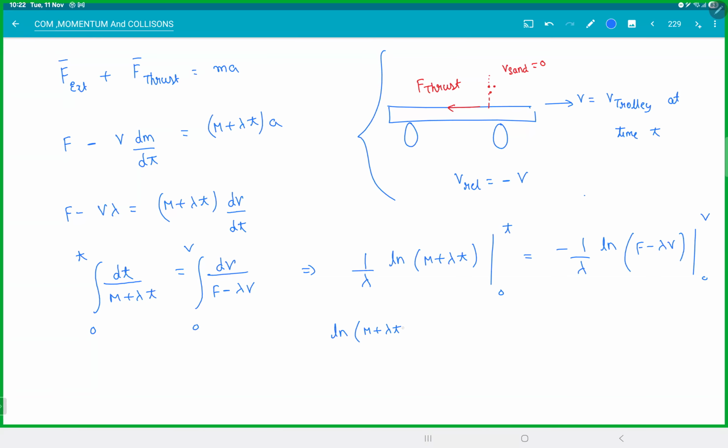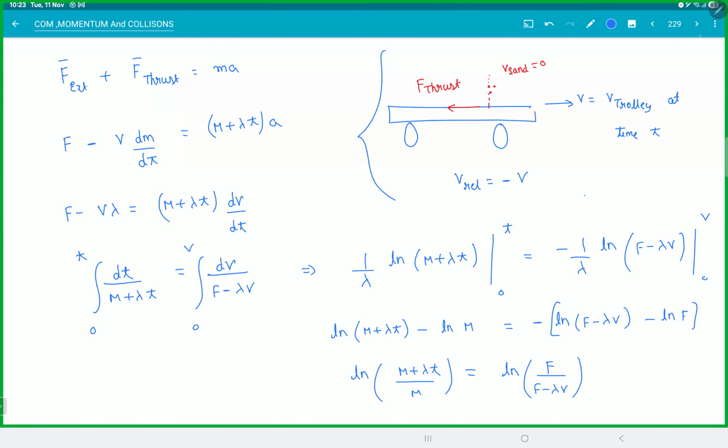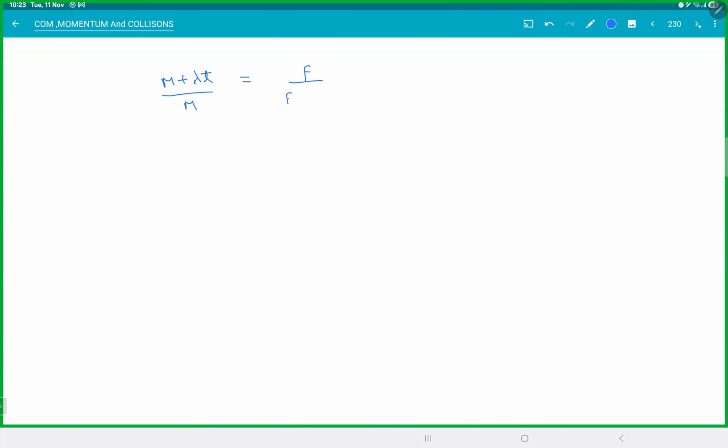This will become ln of m plus lambda t minus ln m, is equal to minus ln of F minus lambda V minus ln F. So m plus lambda t by m is equal to F by F minus lambda V. You can equate the terms inside: m plus lambda t by m is equal to F by F minus lambda V.